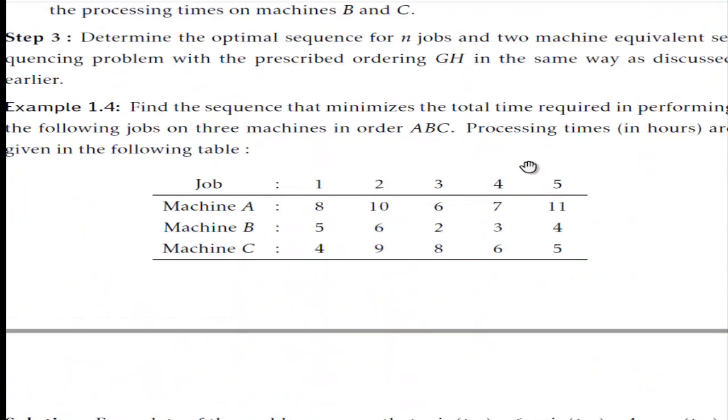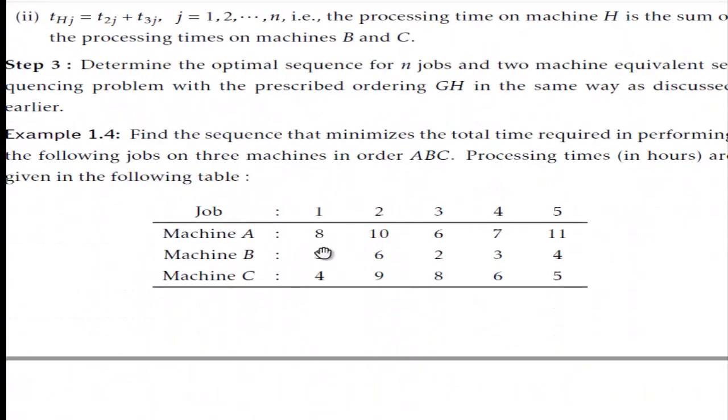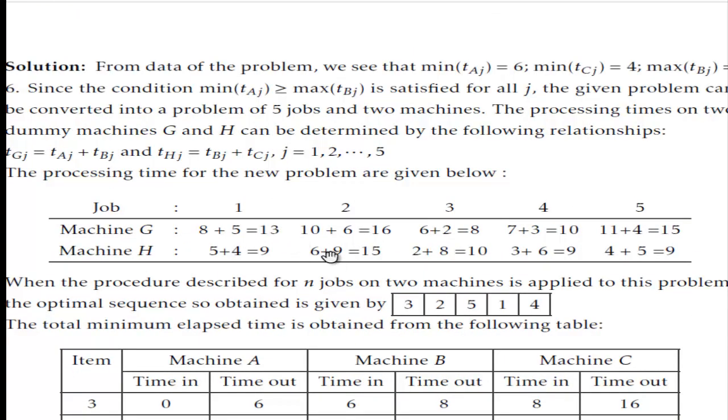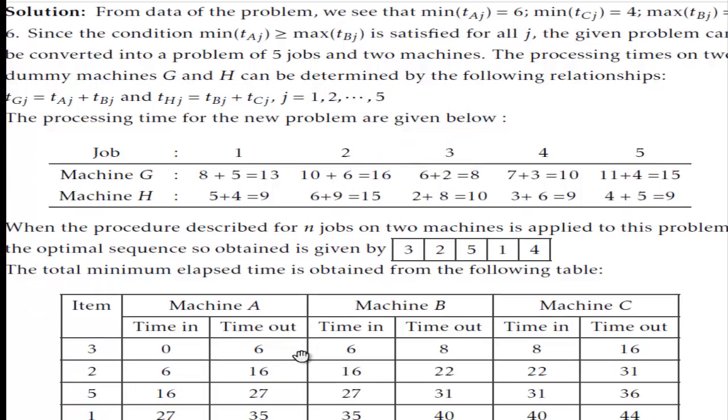That means this combined G and H machine table is only required to calculate the sequence. So when you get the optimum sequence, this optimum sequence is to be applied on the actual table, on the 3 machines, right?